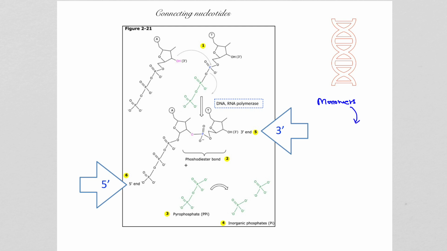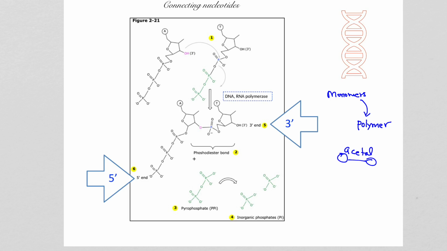You can join monomers with another monomer to form dimers and then trimers and eventually polymers. So in carbohydrates, we saw how the formation of acetal links two carbohydrates together. Now, what about nucleotides? How are nucleotides joined to one another?